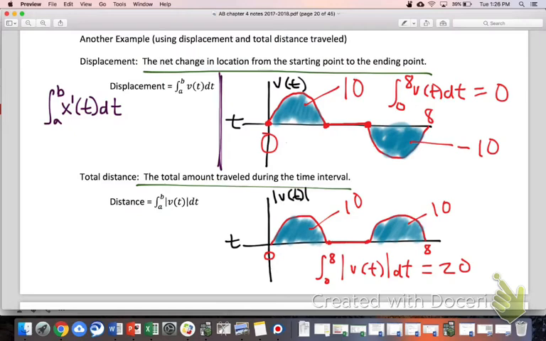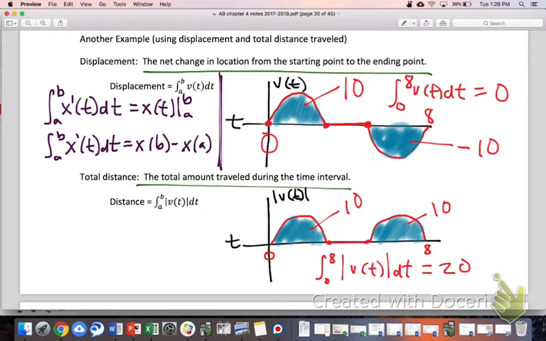Okay. So if I wanted to do the same kind of activity as I did up here, let's think about how this would work. Wouldn't this equal x of t evaluated from a to b? So then I could say integral from a to b of x prime equals x of b minus x of a.